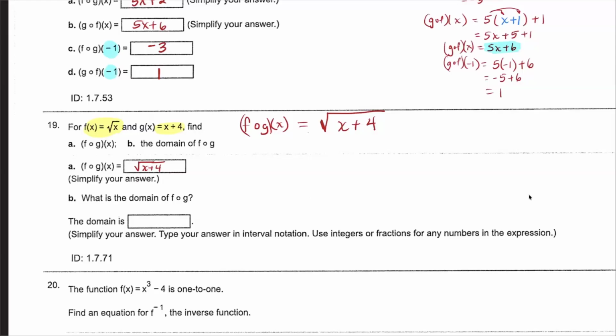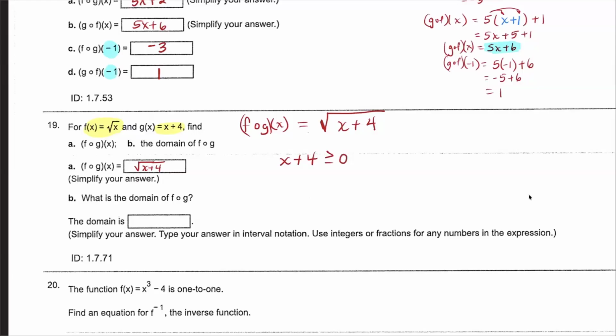The composite function has restrictions because it's a radical function with a variable under there. So for radical functions, to find out what the domain is, we take the radicand, x plus 4, and we say it must be greater than or equal to 0.